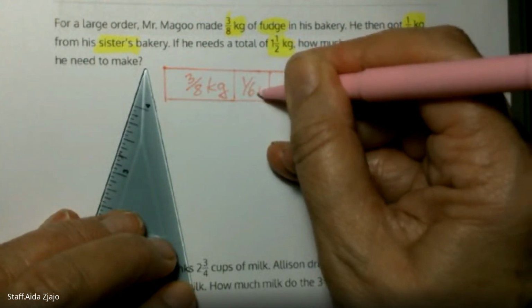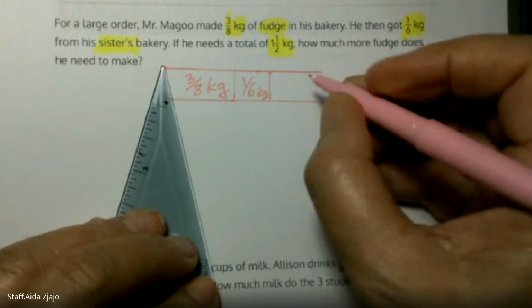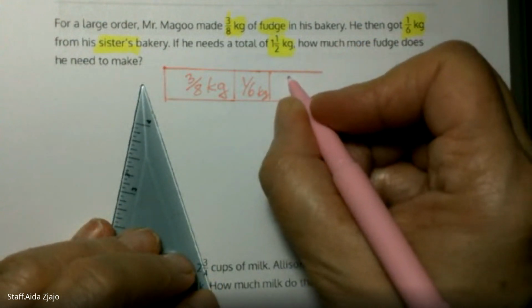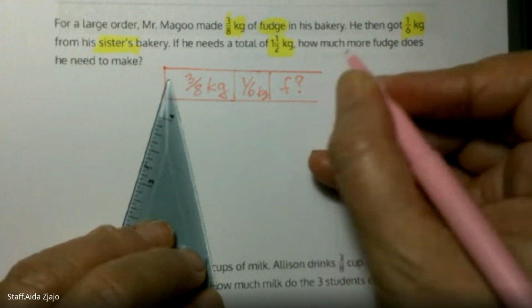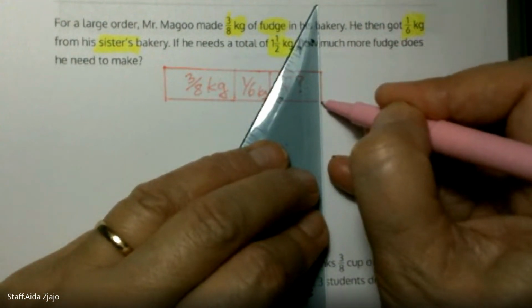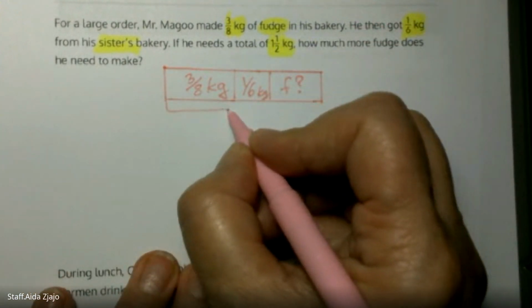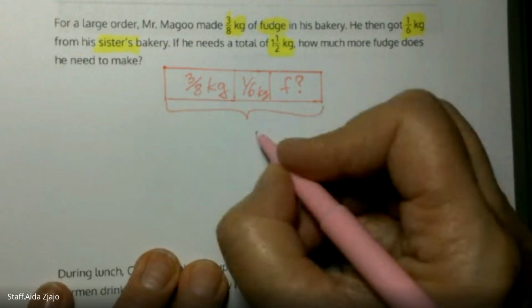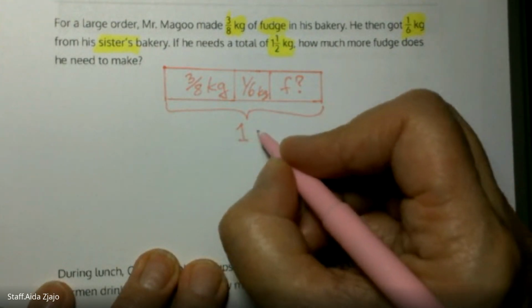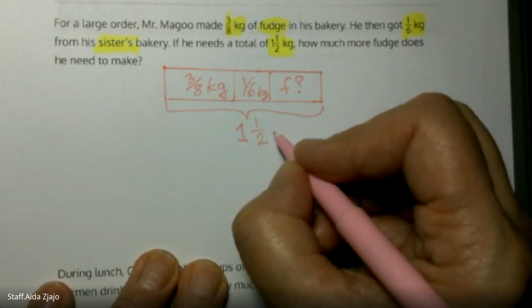And then we need an F for fudge and a question mark. How much more does he need? The whole total is going to be 1.5 kilograms of fudge.